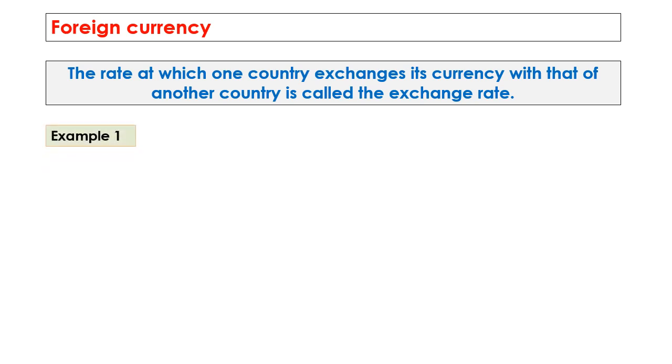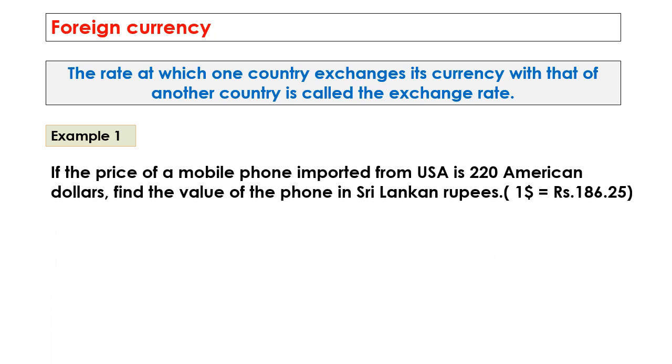Example, if the price of a mobile phone imported from USA is 220 American dollars, find the value of the phone in Sri Lankan rupees. So the value of the phone is given in American dollars. We need to find the value of the mobile phone in Sri Lankan rupees.